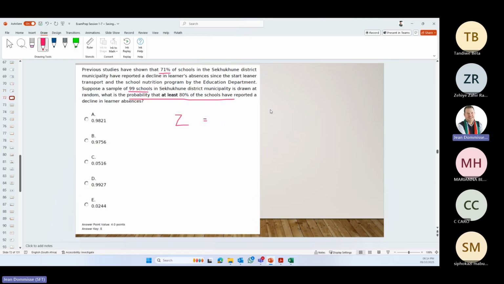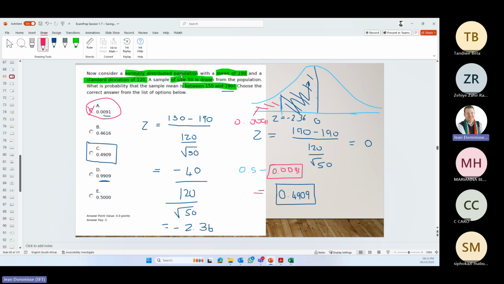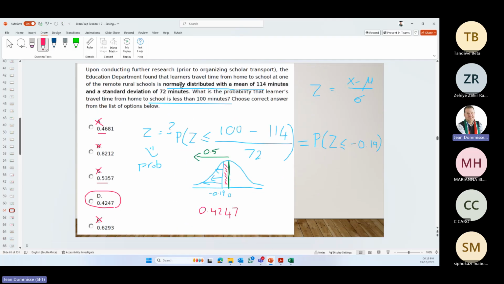And first let's see, why did I choose proportions and not mean? Nowhere in this question did they say I'm working with a mean. Let's quickly go back to the previous one, normally distributed with a mean of.